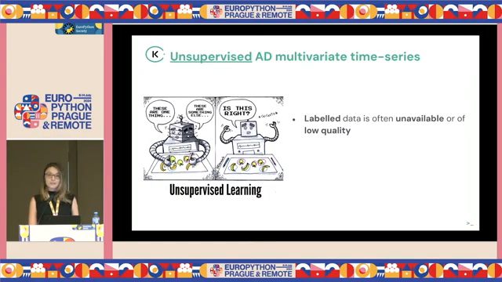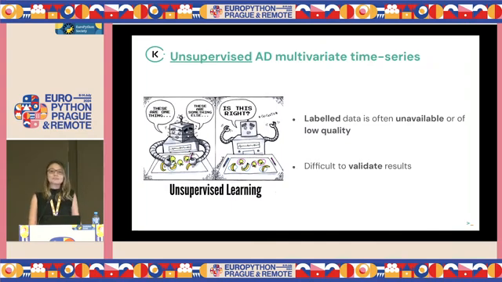As I mentioned, in the industry, it's rare to get annotated data. Most data is unlabeled. And when we do have it, it can be of poor quality. So fixing anomaly detection in the unsupervised setting is the most versatile and the case that generalizes easiest.